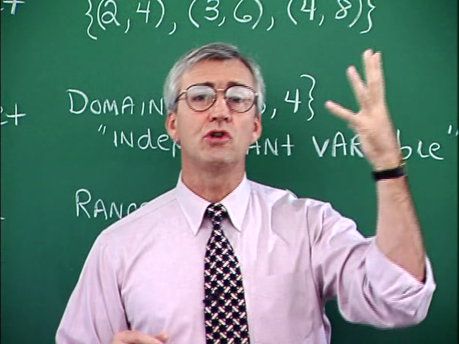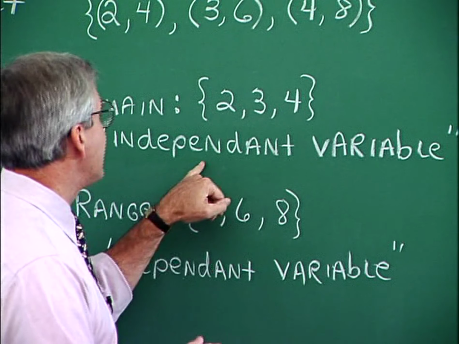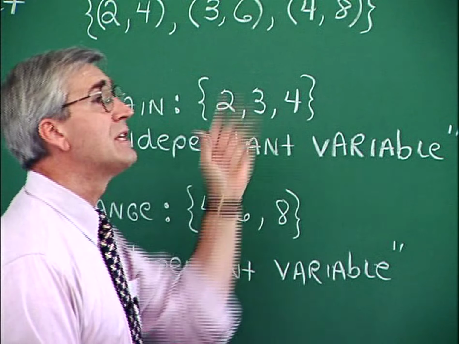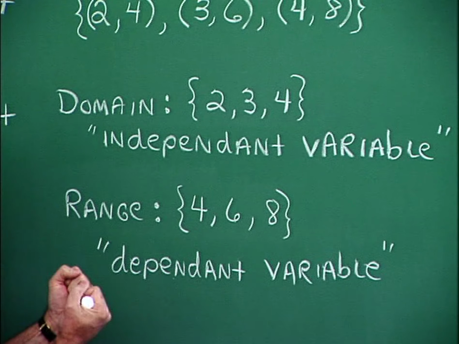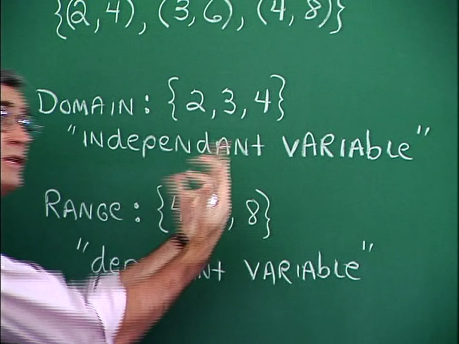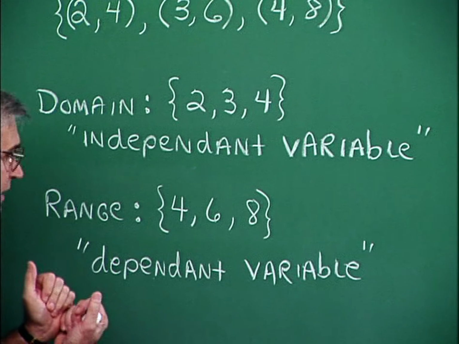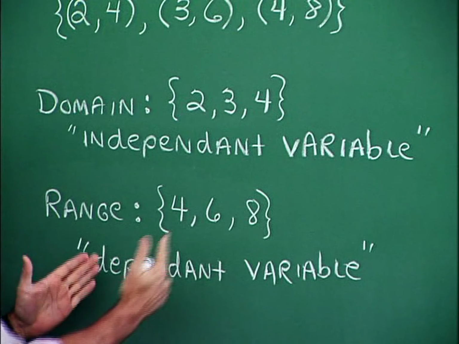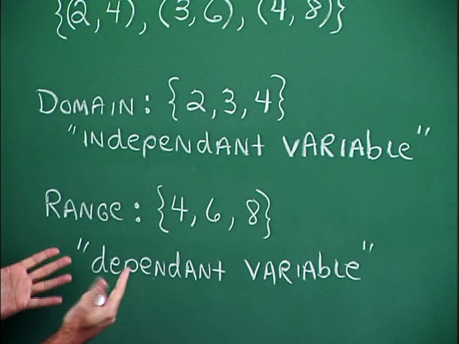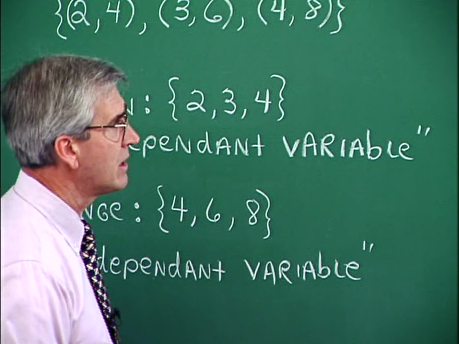So we sort of choose values of x at random, you see, independent. So we just choose them out of the sky, and then the values of y that come from those values chosen for x depend upon the values that we chose for x. So the y values, the second elements, depend upon the first elements that were chosen. And in that way, it's pretty easy to remember independent and dependent variable.